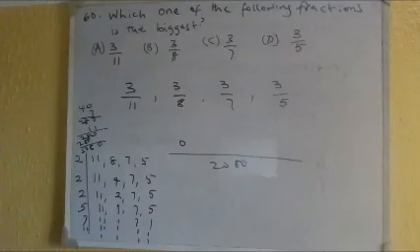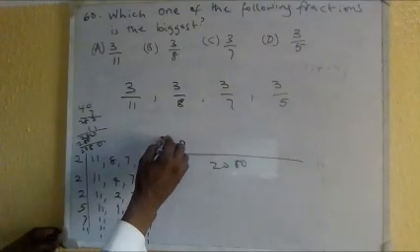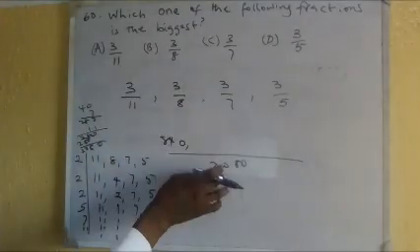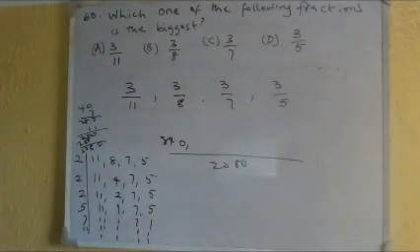Then 2080 divided by 8 gives 260. 260 times 3 is 780.